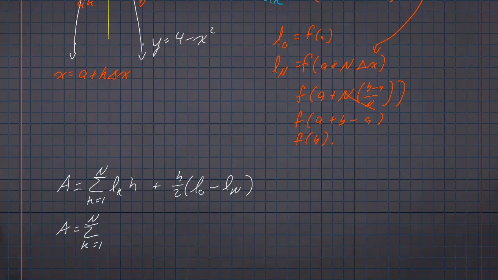But our Lk, as we just said, is f of a plus k times delta x, and our h is delta x.